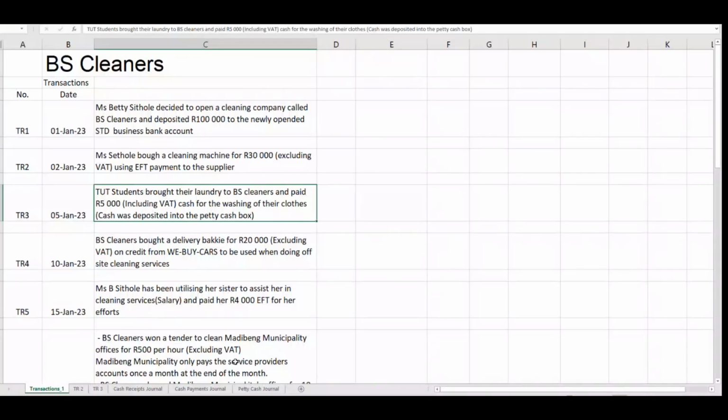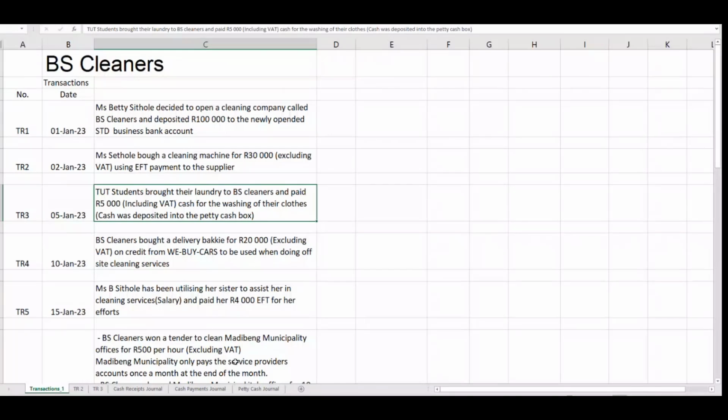So here, the trick is: money that goes to the petty cash box goes to the petty cash journal, and money that comes out of the petty cash box goes to the petty cash journal.